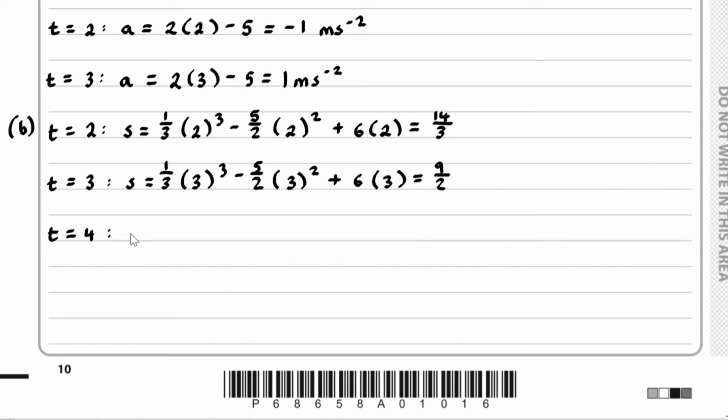When t equals 4, s equals 1/3 times 4 cubed, subtract 5 over 2 times 4 squared plus 6 multiplied by 4, and it turns out we get 16 over 3. So now let's sketch s against t between 0 and 4.